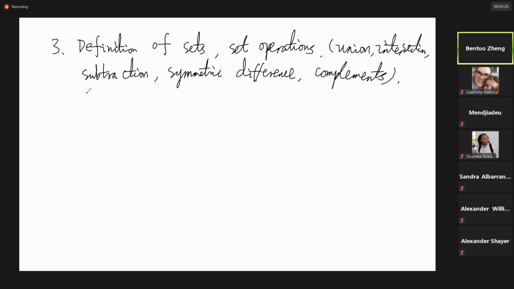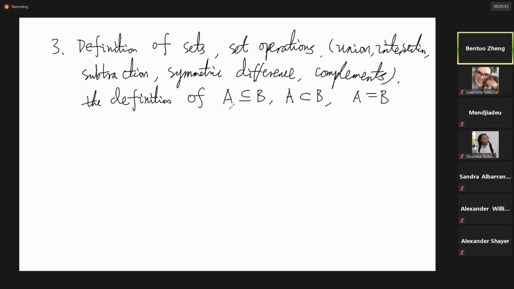And also the definition of a set, say A is a subset of B, or A is a proper subset of B, and A equal to B. Okay?